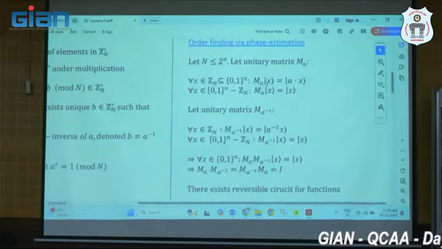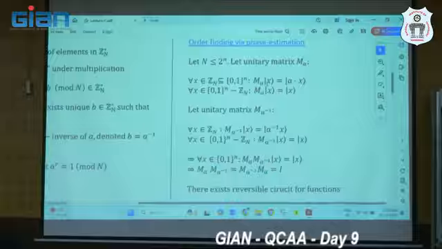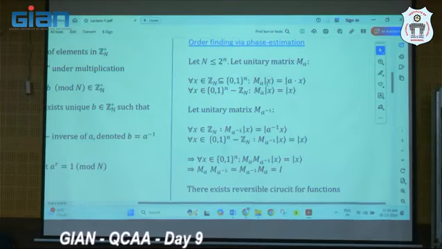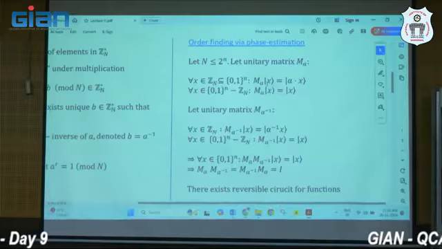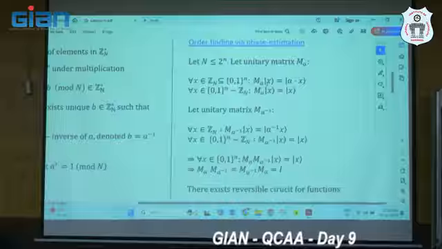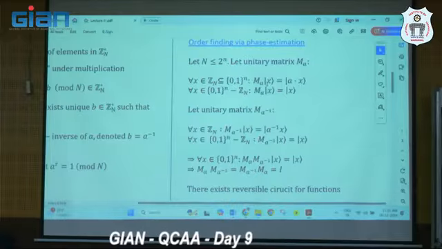So this MA inverse is actually the inverse of MA. Any questions? All good? Okay.